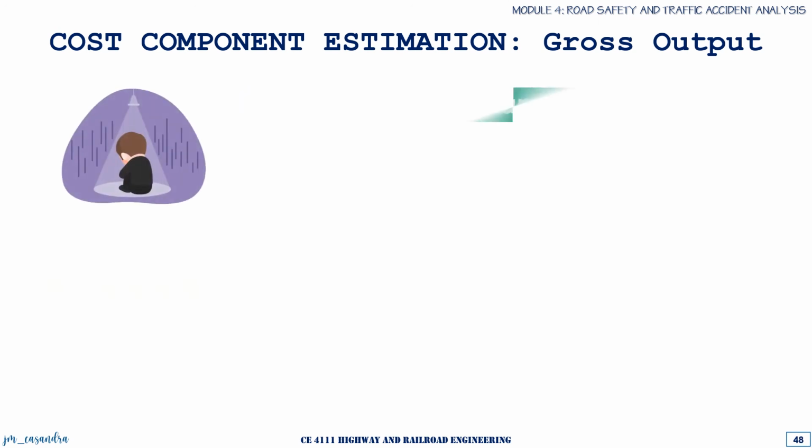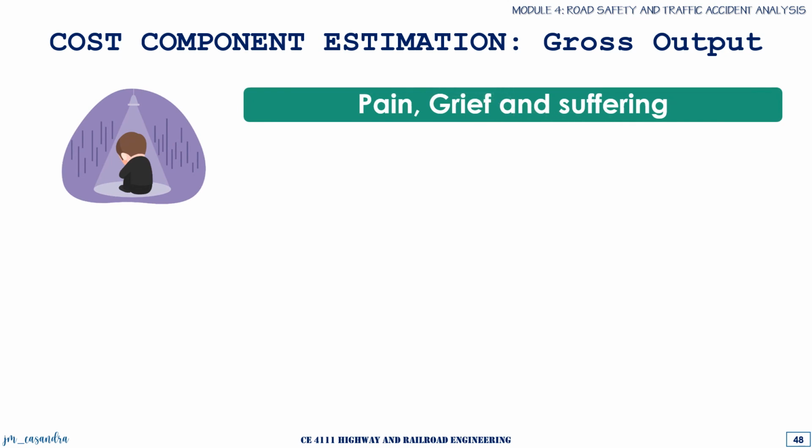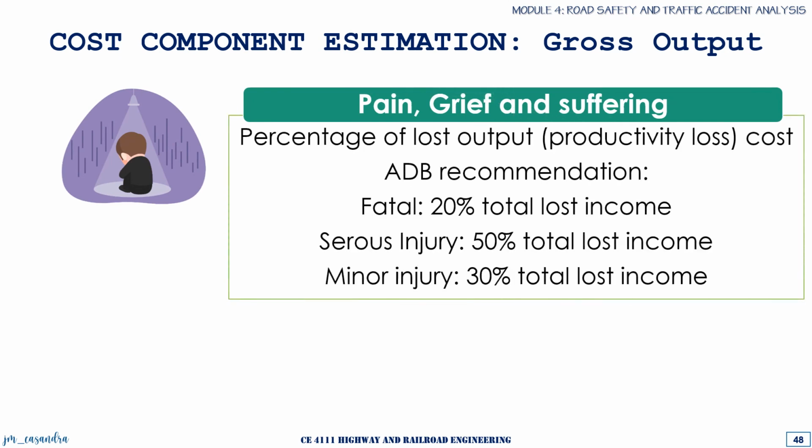Next, we have pain, grief, and suffering, which is computed as a percentage of the lost output or the productivity loss cost. And the ADB recommendation is that pain, grief, and suffering for fatal accidents should be 20% of the total lost income.